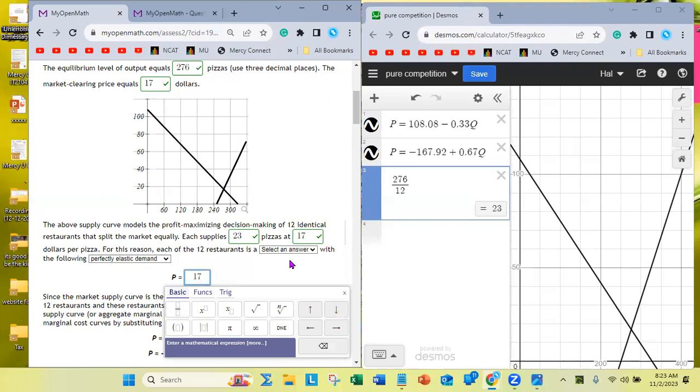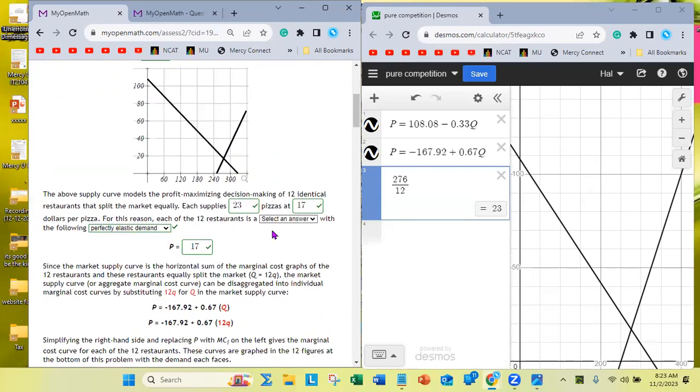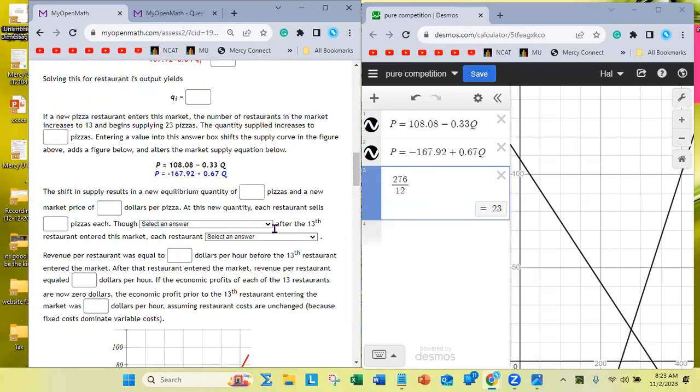It is also firm 1's perfectly elastic demand curve, firm 2's, firm 3's, firm 4's, and so on, firm 10's, firm 11's, firm 12's. And these are graphed at the bottom of the page down here.